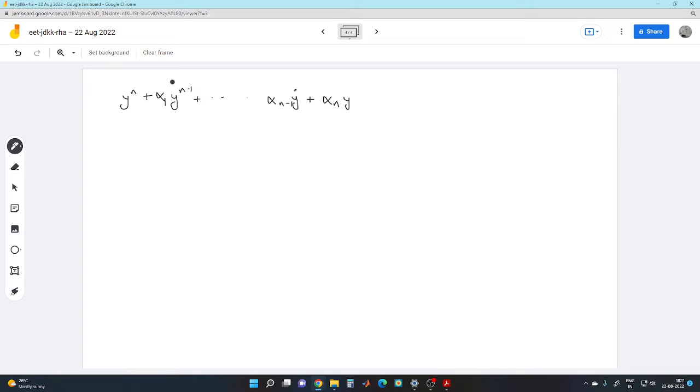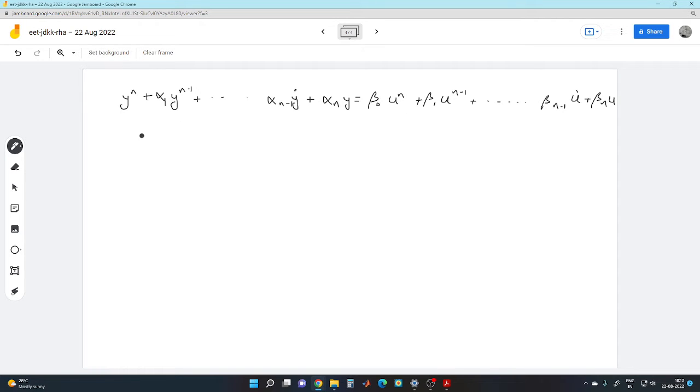So these are the nth derivative with respect to time, the n minus 1 derivative with respect to time, and this is just a representation. It need not actually be time, it can be a different variable in many cases, but we are right now taking it as time. And equal to beta naught into u nth derivative plus beta 1 u (n minus 1)th derivative plus up to beta n minus 1 u dot plus beta n u.